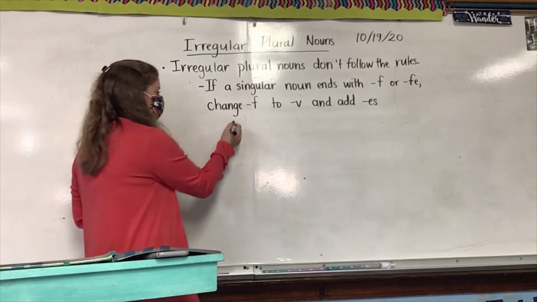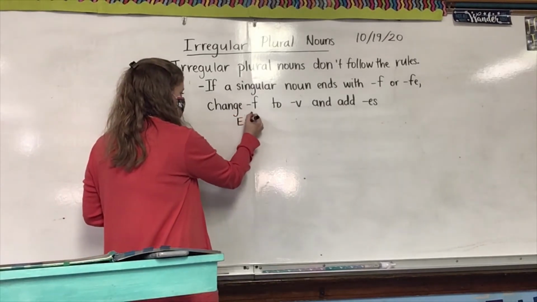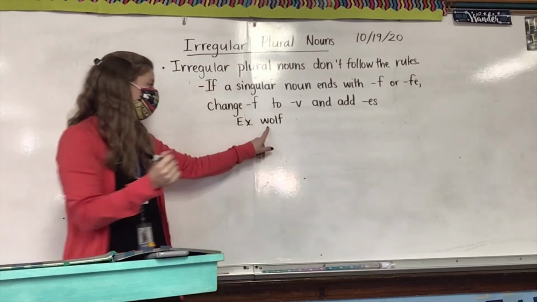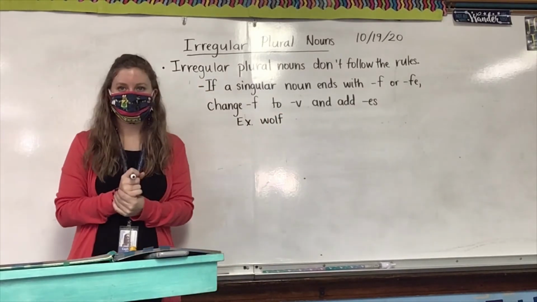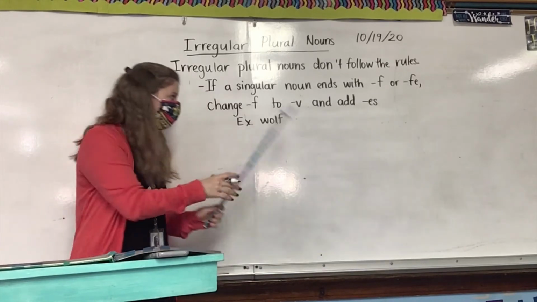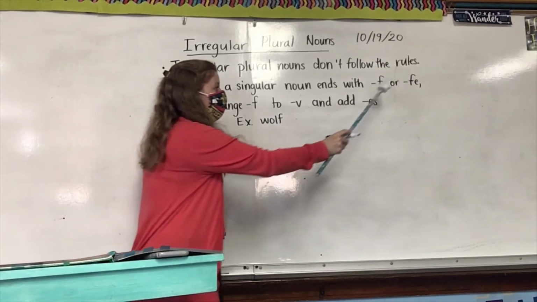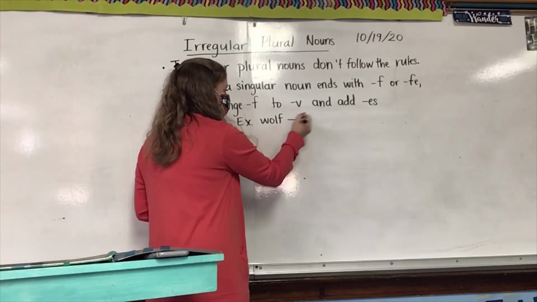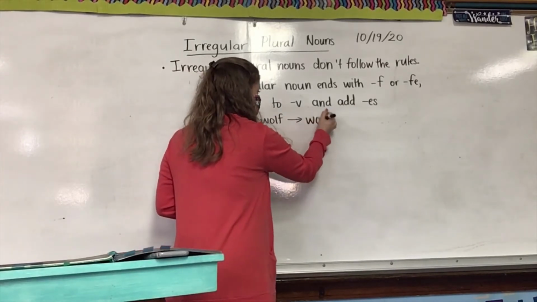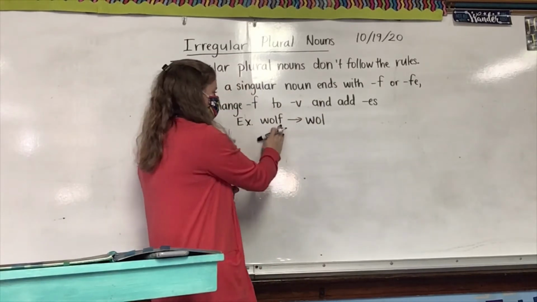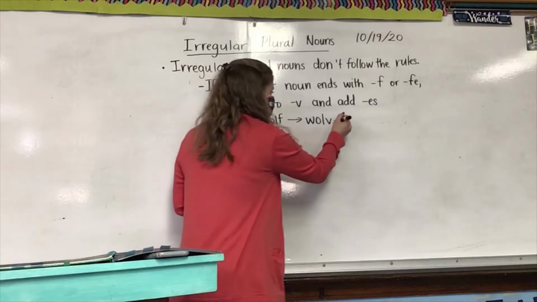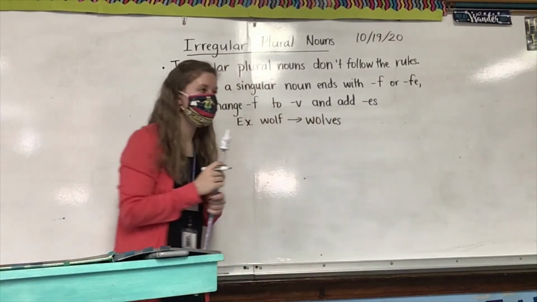For example, we have the word wolf, W-O-L-F. Well, wolf ends with F. So we're going to change that by rewriting W-O-L, changing the F to a V, and then adding E-S.